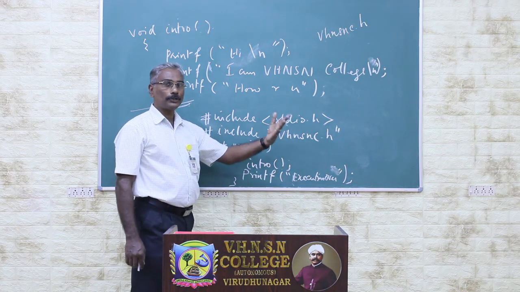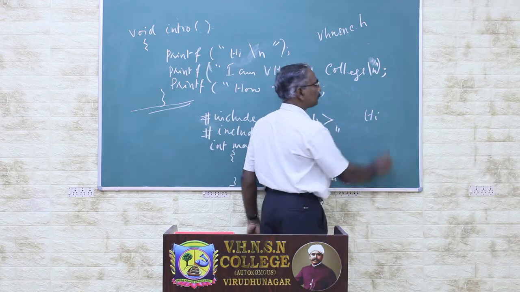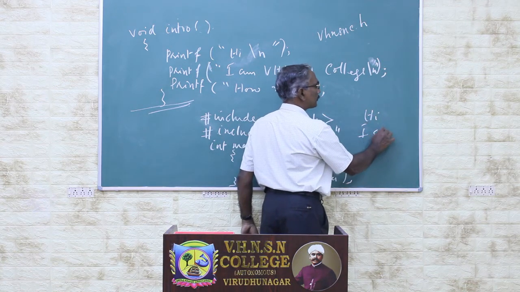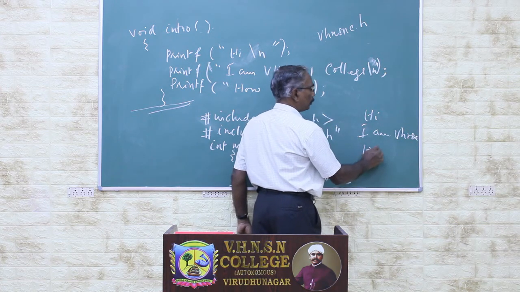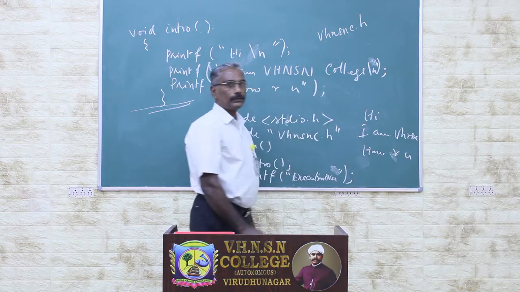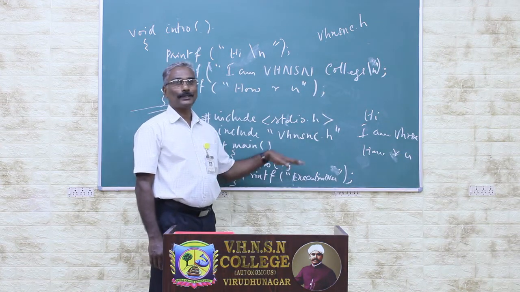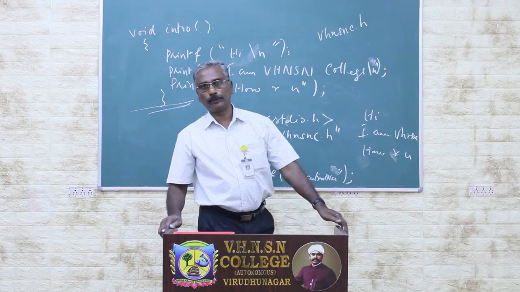So what will be executed? In the first line, Hi; in the next line, I am EHNSC; and in the third line, how are you. So this is the way the header file works.